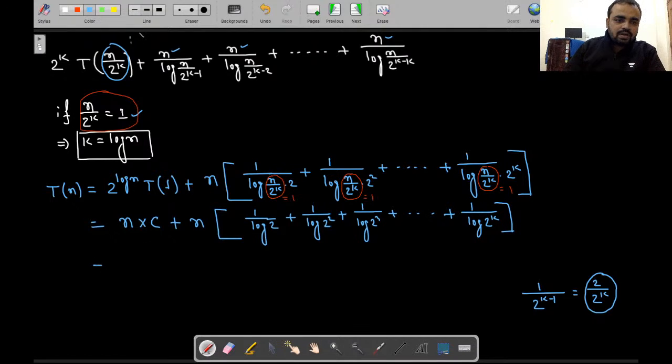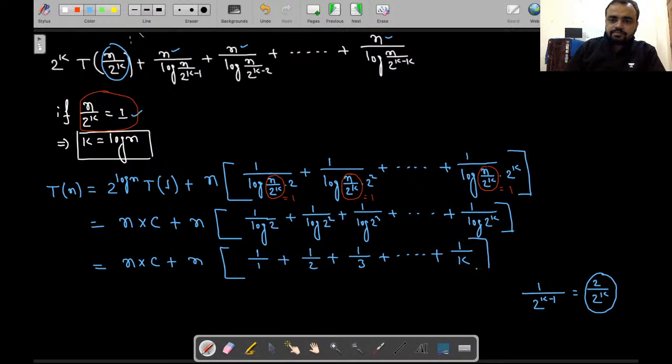Okay, so ultimately this is the n into c and plus n, and what is the value of log of 2? This is the 1. What is the value of log of 2 square? This is the 1 by 2. What is the value of log of 2 to the power 3? This is the 1 by 3, and plus up to dot dot dot, this one will become 1 by k.